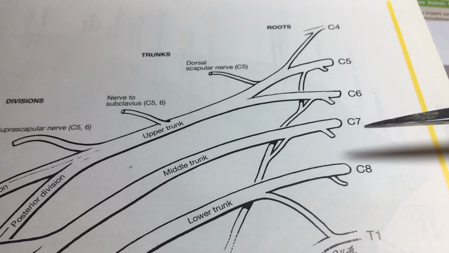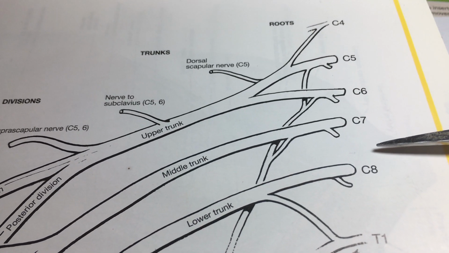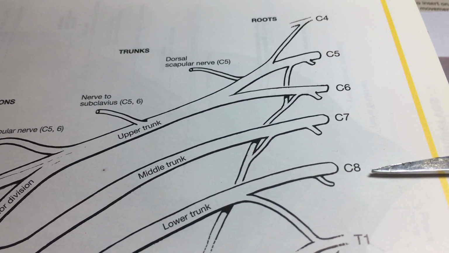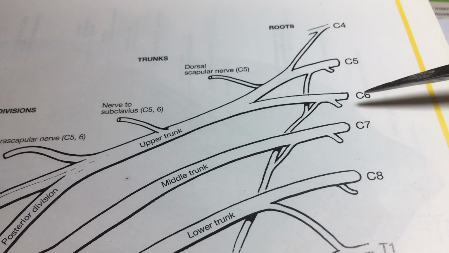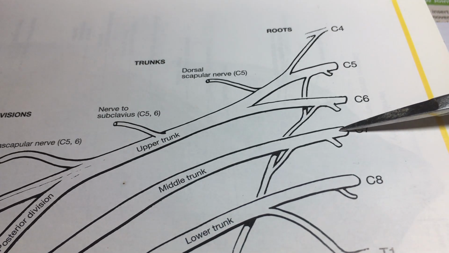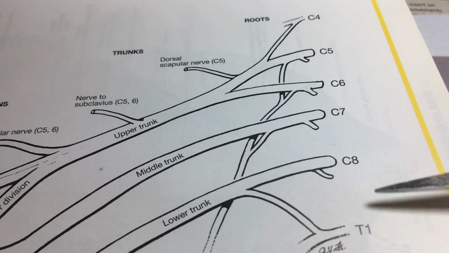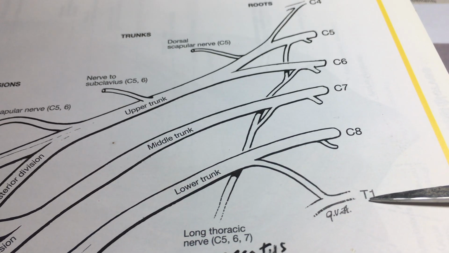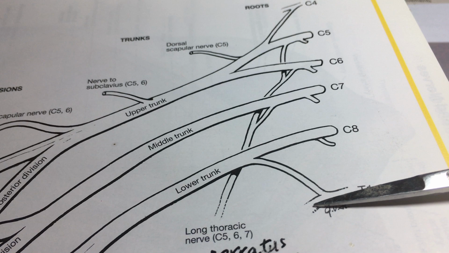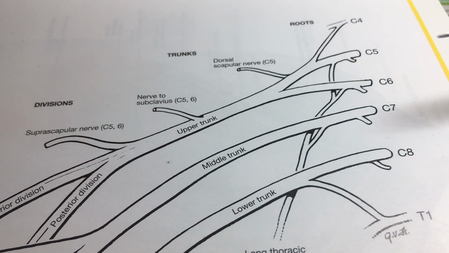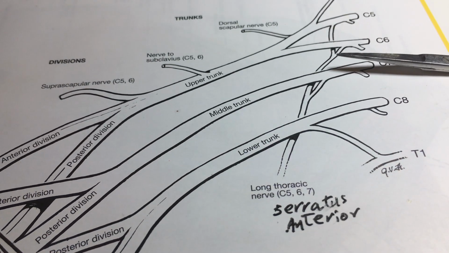I know that there are only 7 cervical vertebrae, but there are 8 cervical nerves, because these are all above the vertebra. This is below C7 vertebra, C8, and that allows T1 to actually travel in the rib, first rib. That's why we have it that way.